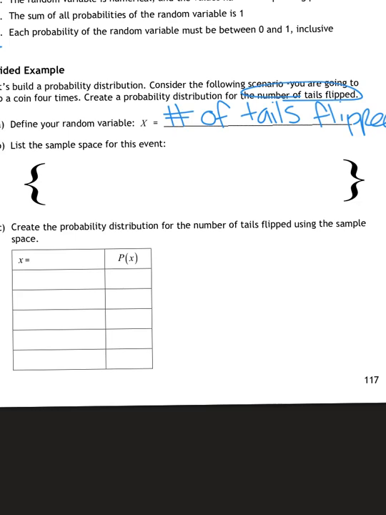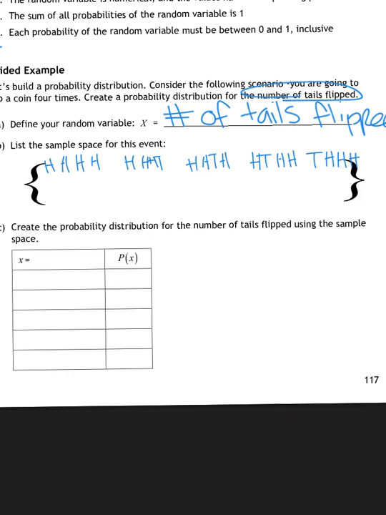So if I start with this, I could have heads, heads, heads, heads, and then heads, heads, heads, tails, heads, heads, tails, heads, heads, tails, heads, heads, and then tails, heads, heads, heads. And you're going to have to do that for every possibility.